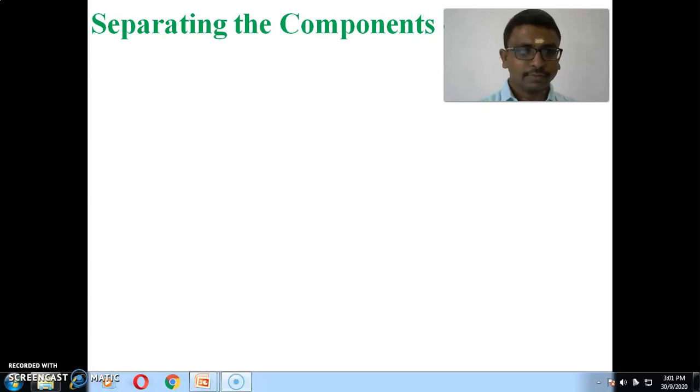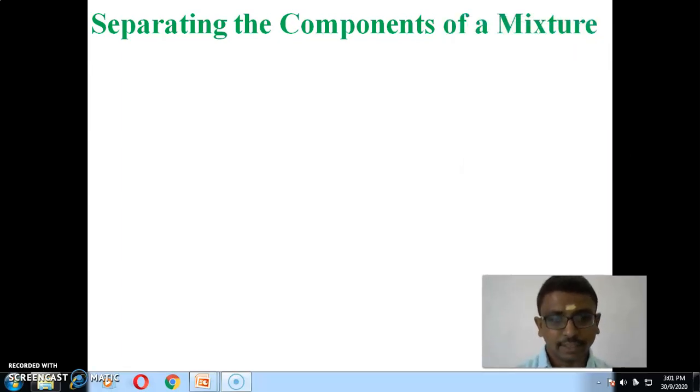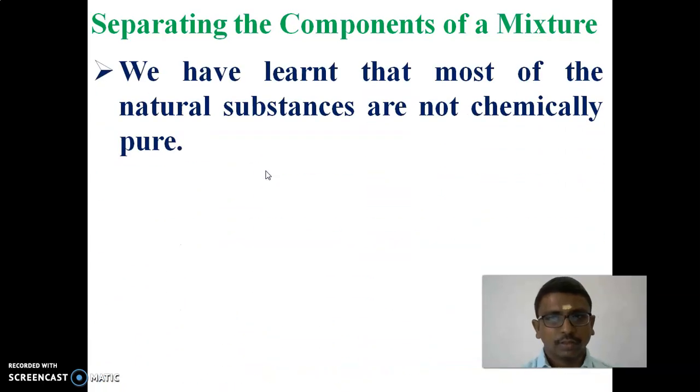And next, the next interesting topic is separating the components of a mixture. How can we separate the components of a mixture? We have learned that most natural substances are not chemically pure.